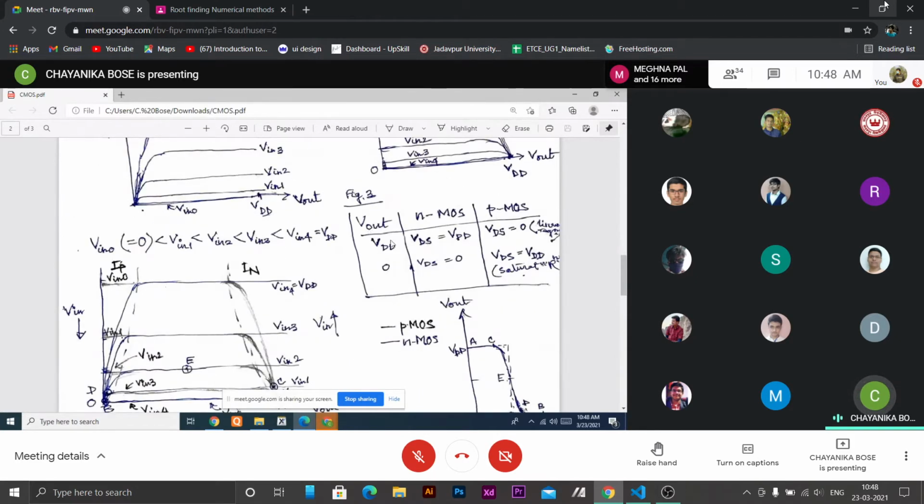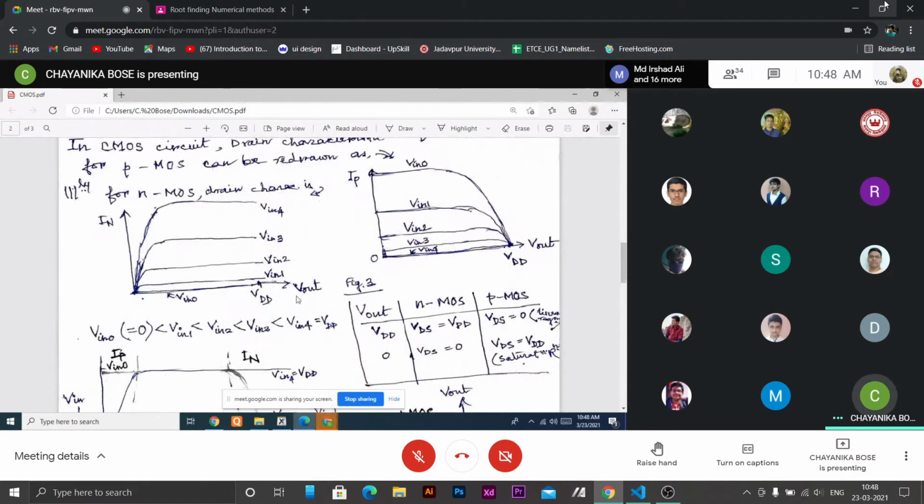For NMOS, when the output is VDD, VDS is VDD. So it is large, so the saturation region of NMOS appears at this region for V out VDD. And when the output is 0, because we have plotted V out here, our VDS is 0, meaning low, so the linear region will appear near V out 0.